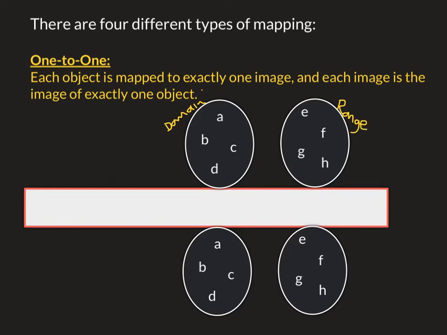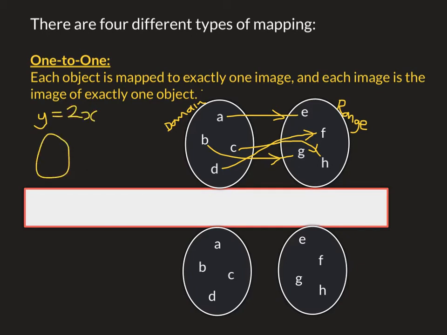So for example, in this mapping, perhaps A maps on to E, B maps on to G, C maps to H, and D maps to F. Each one on the left maps to one on the right. Thinking numerically, say I've got y equals 2x, with my domain and my range.